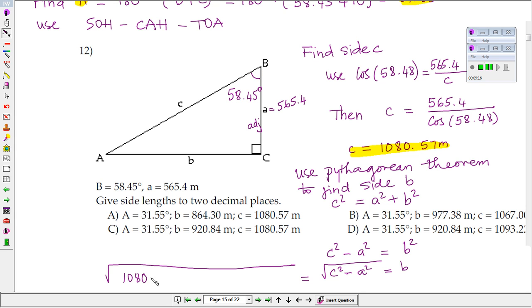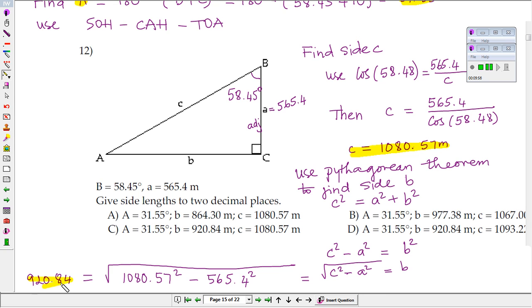Okay, we substitute C for 1080.57 squared, and substitute A for 565.4 squared, and that will give us our B. So B will be 920.84.